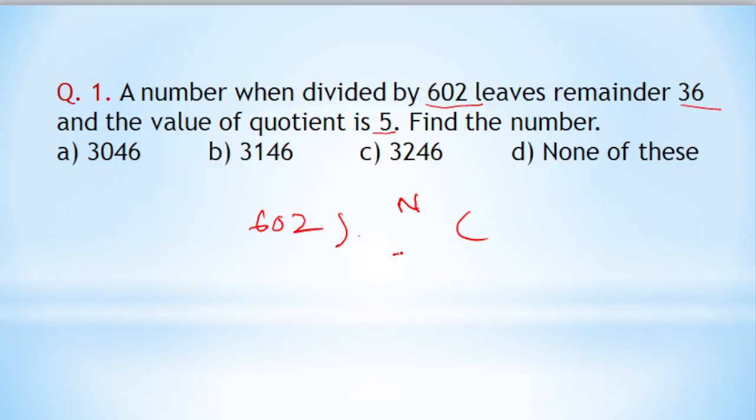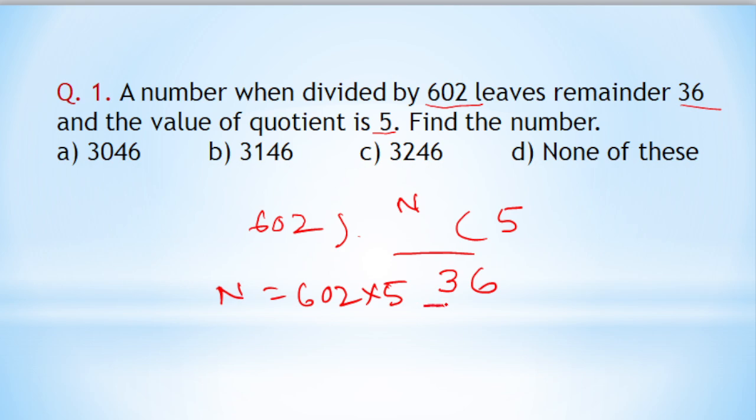So here number is equal to 602 into 5 plus 36.